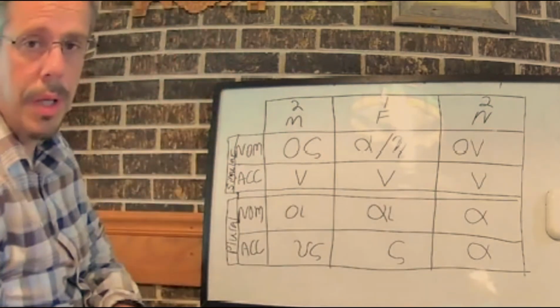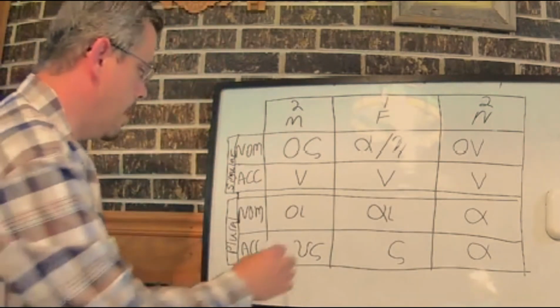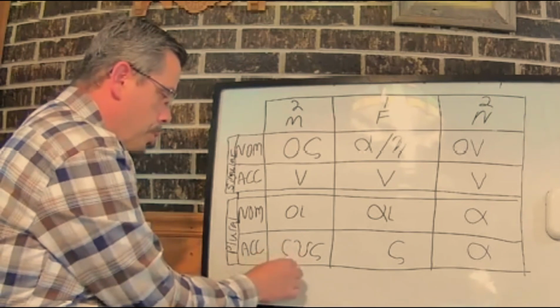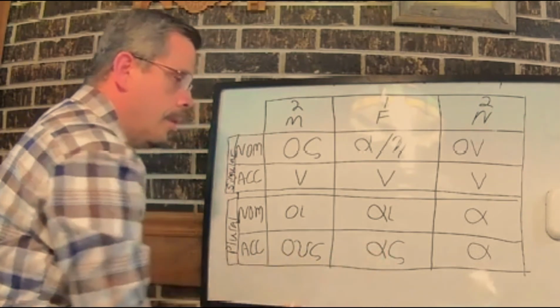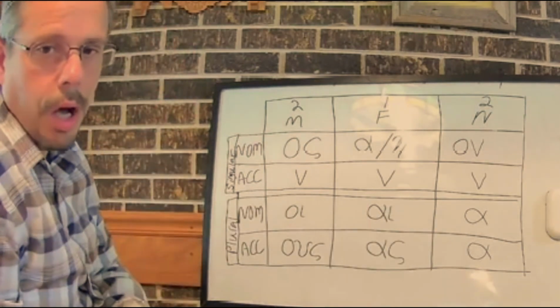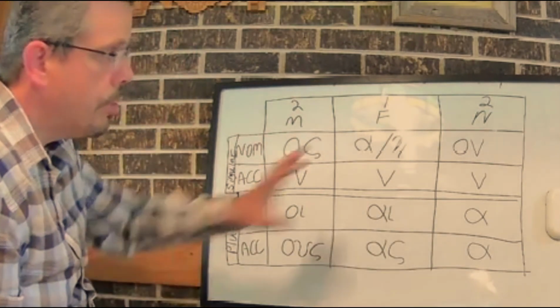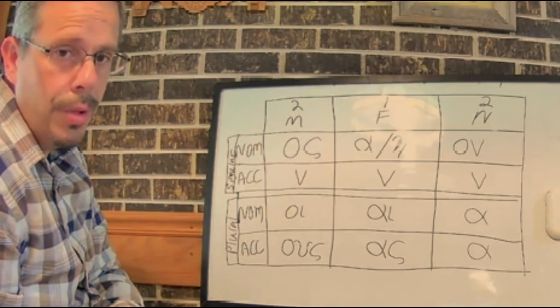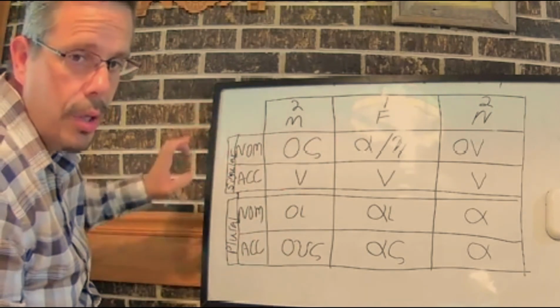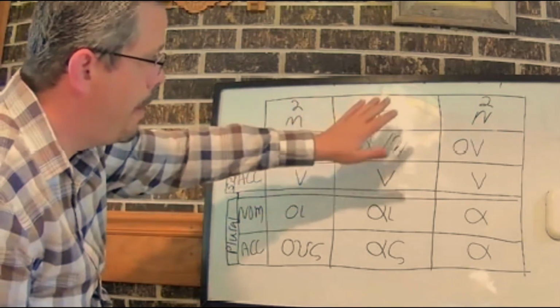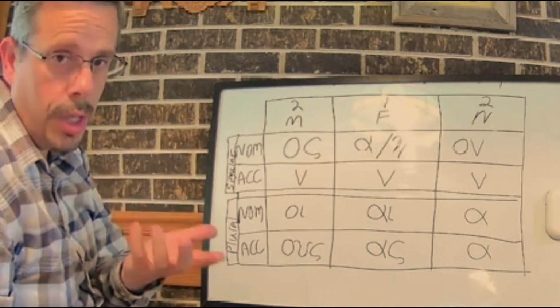And then that one will just be an alpha at the end. Okay. Here, you're going to have ous. Here, you'll have as. And there, you'll have an alpha. That's how it ends. Okay. So this is the full noun chart for nominative and accusative in the singular and the plural for masculine, feminine, and neuter. So you're just going to have to learn these endings.